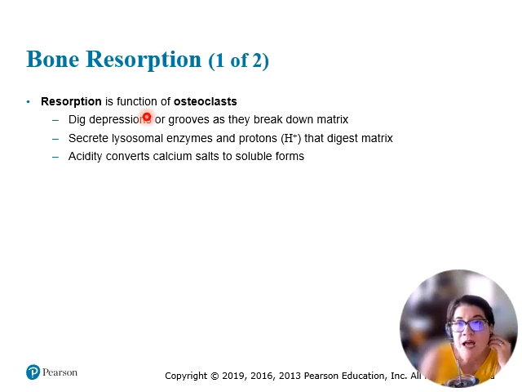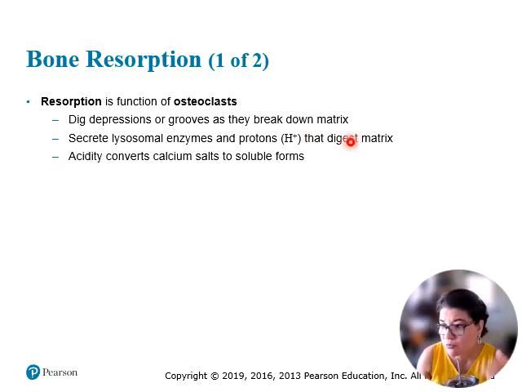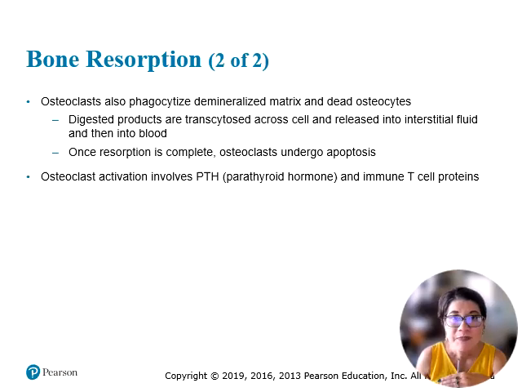So resorption happens by the osteoclasts. They dissolve the bone. They release calcium into your blood. They do this by releasing enzymes and H plus ions, protons, which makes it an acid. And so that's going to break down your bones. And hopefully they don't do it too much, because that causes osteoporosis.